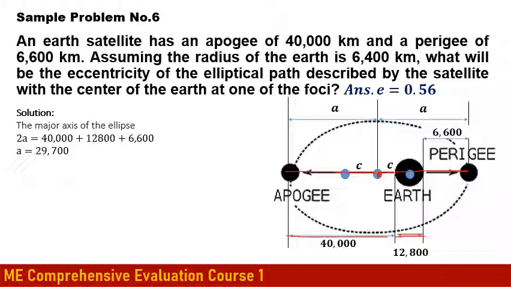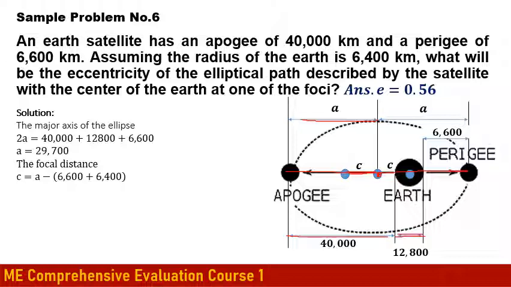The focal distance is the distance from the focus to the center, and that is equals to c. So this is c here, or the distance from the center of the Earth to the center of this elliptical path. So that is the focal distance. If you can observe, the focal distance is equals to the value of a, minus the 6,600 plus 6,400.